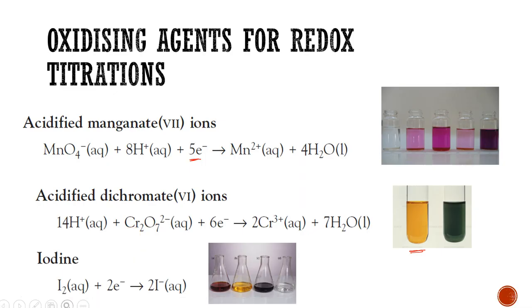Okay, so what we're actually looking at is the dichromate, so the dichromate 6 ions turning into the Cr3 plus ions. Okay, so what that does is go from orange to green. So this Cr3 plus is going to actually be a green color, and the dichromate is orange.